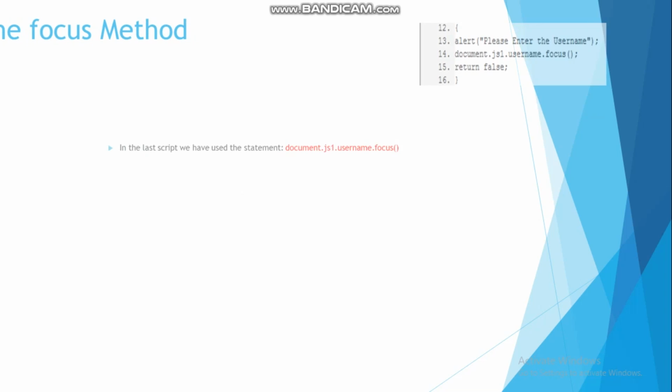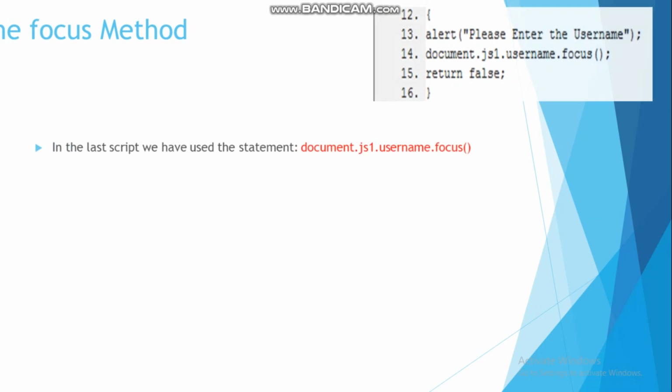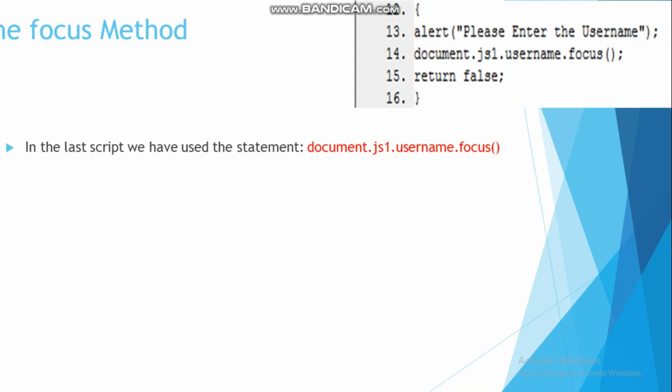Now ahead, the focus method. Either you can say method or function. In the last script, we have used the statement document.js1.username.focus. Remember here, js1 is the name of the form that we have created.